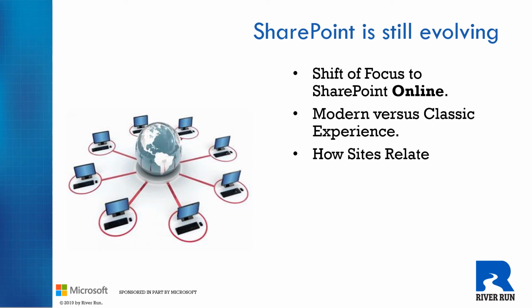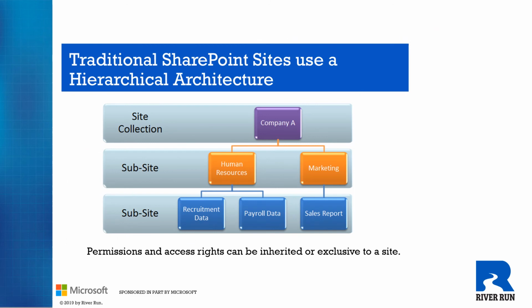Sites also relate differently in the modern versus classic experience. In the traditional SharePoint environment, SharePoint sites were organized in a hierarchical architecture, where site collections were the first step, and then you had sites and subsites under that.